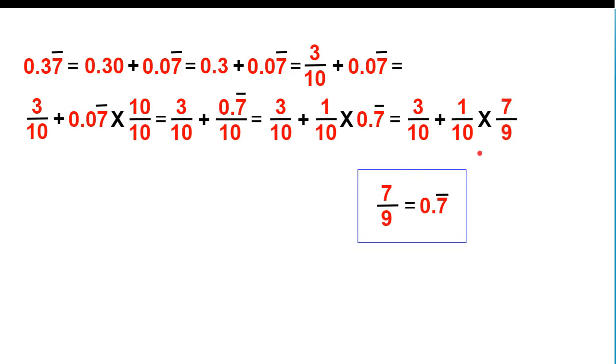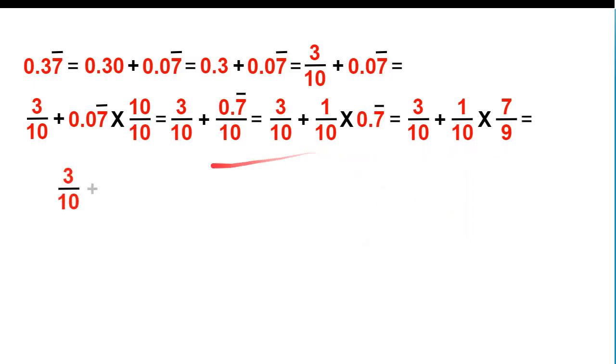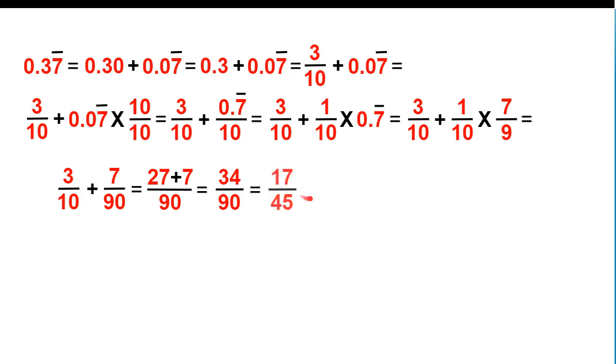And again, we have a sum of one simplified fraction and the multiplication of two others. Very easy to calculate. It's eventually 34 over 90, which should be simplified to 17 over 45. We divided 34 by 2 and the 90 by 2. Very simple. So 0.37, where only the 7 is recurring, equals 17 over 45.